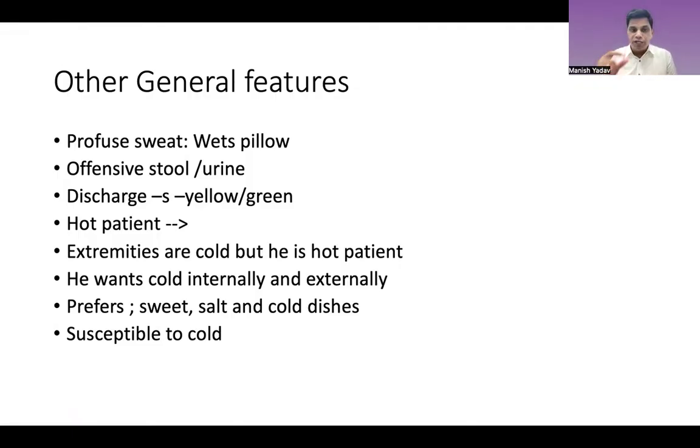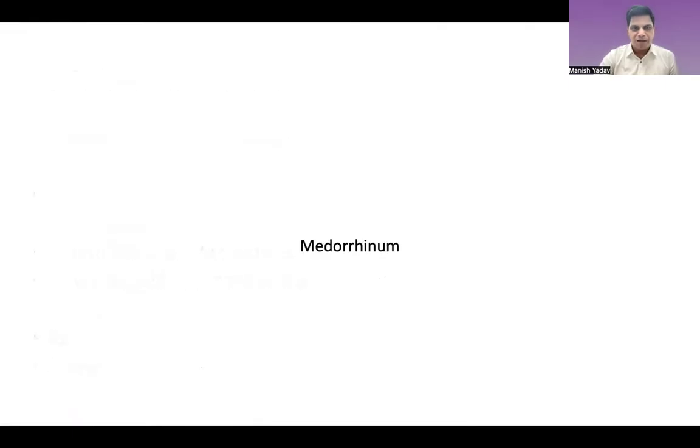This is the unique feature of Medorrhinum. So they are hot, but they are extremely sensitive to cold. Averse to covering is okay, we understand. Okay. So please, my dear friends, when you think about thermals, they are definitely hot. But don't get misled if patient says, oh, if I get exposed to cold, I get coughing, my asthma increases.